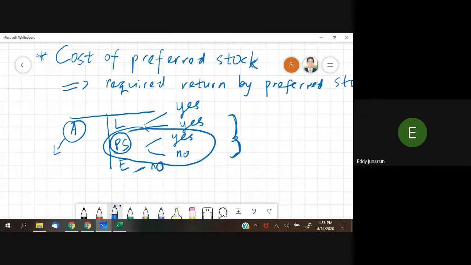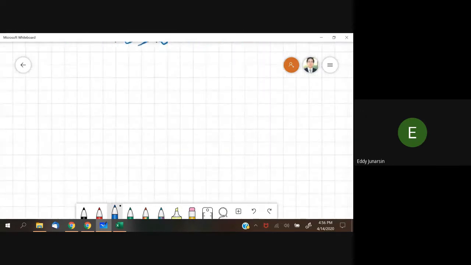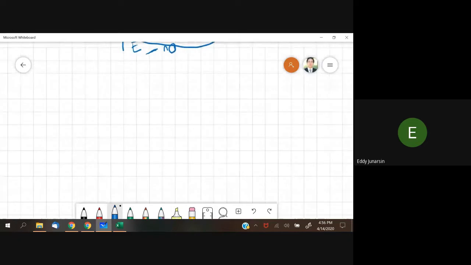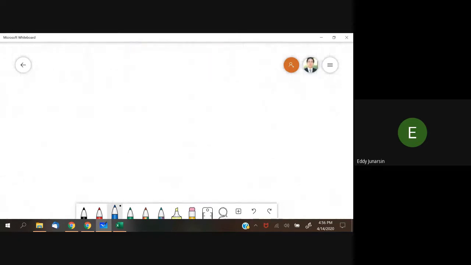So how to estimate the cost of preferred stock? I still remember from our lecture in stock valuation. So the first special situation that makes it easier, we borrow from the calculus, right?